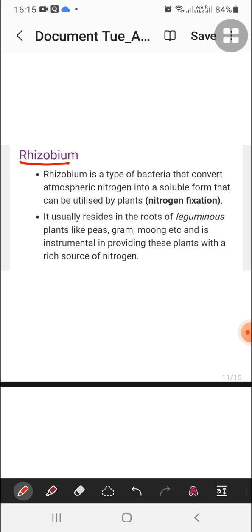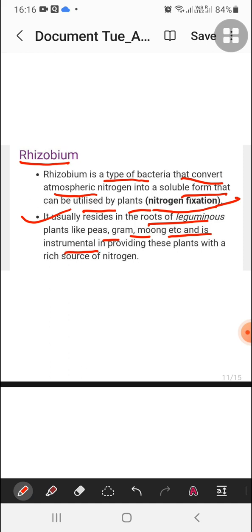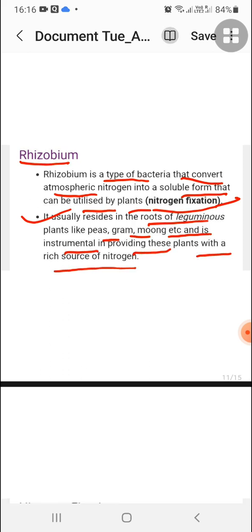Rhizobium is a type of bacteria that converts atmospheric nitrogen into a soluble form that can be utilized by plants, which is nitrogen fixation. It usually resides in the roots of leguminous plants like peas, gram, moong, etc. and is instrumental in providing these plants with a rich source of nitrogen.